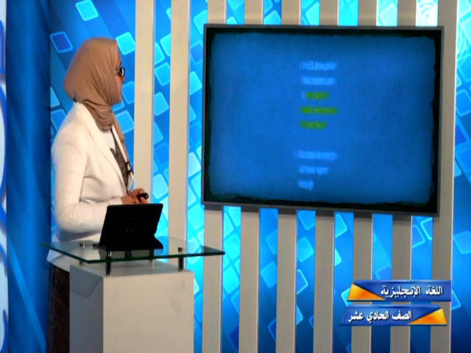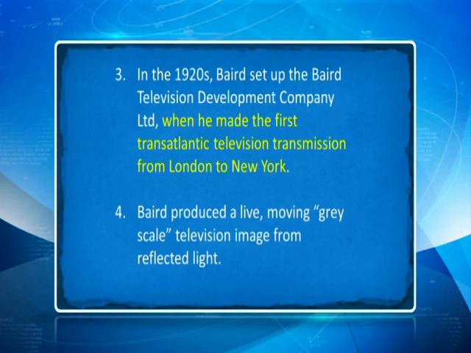Let's look at the third sentence and the fourth together. In the 1920s, Baird set up the Baird Television Development Company Limited when he made the first transatlantic television transmission from London to New York. And 4, Baird produced a live moving grayscale television image from reflected light.